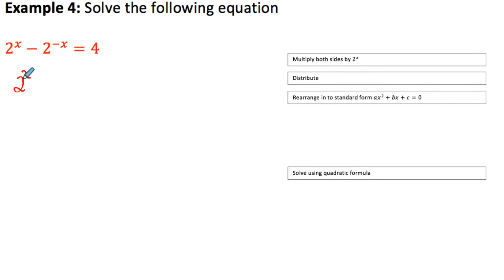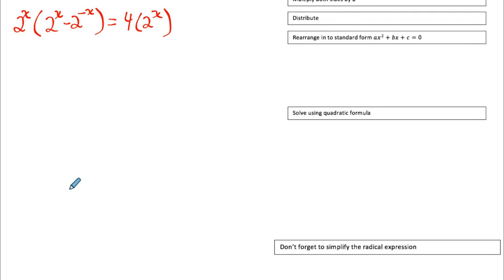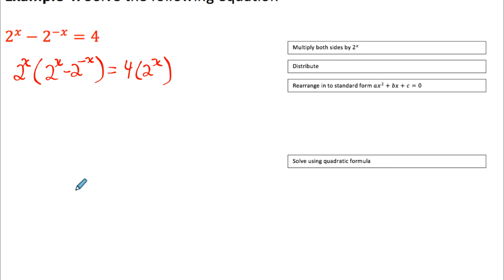So I have 2 to the x times 2 to the x minus 2 to the negative x equals 4 times 2 to the x. So I multiply both sides by 2 to the x. And now on the left side, I'm going to distribute my 2 to the x to both terms in the binomial.